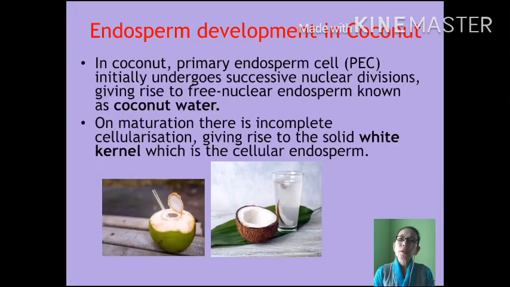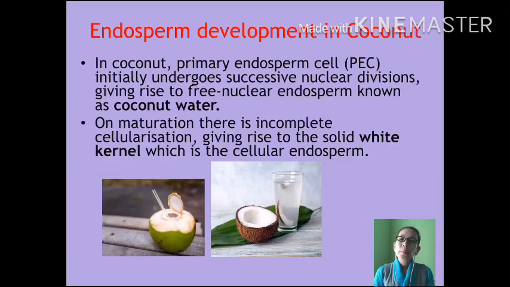In the initial first stage, the primary endosperm cells are going to be undergoing successive nuclear divisions, giving rise to a free nuclear endosperm, which we commonly know as the coconut water. And this is the liquid endosperm. On maturation, there is the second type of endosperm formation in the coconut.